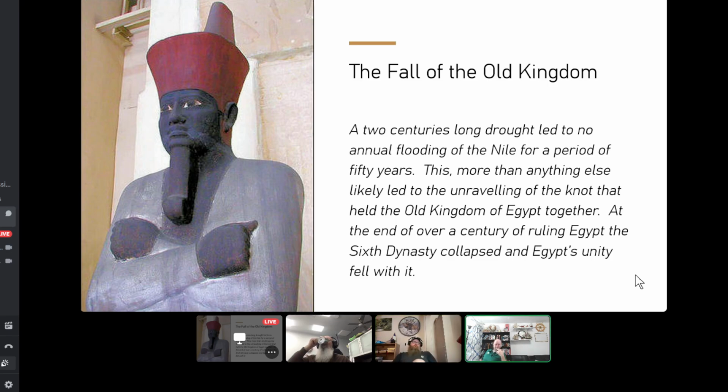But for the most part, the economy and agriculture are at the whims of things that are far beyond control of mortal men, right? Droughts are hard to fix, and rivers drying up because of droughts are hard to fix. And so this is the kind of thing that led to the collapse of the sixth dynasty and therefore the fall of the Old Kingdom.